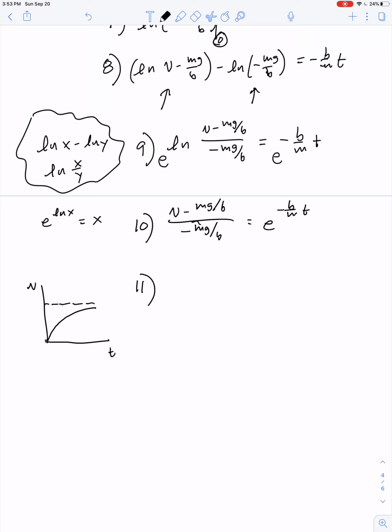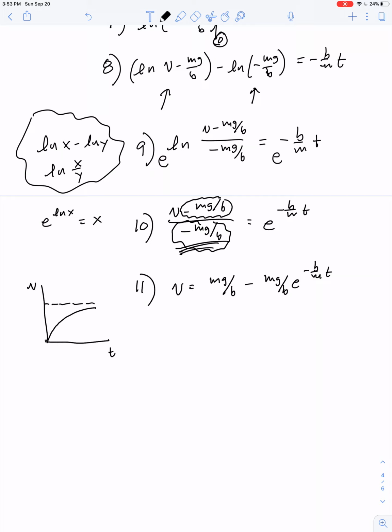If we multiply both sides of the equation by negative mg over b, and then, as we'll do two steps in one, after we've multiplied both sides of the equation by negative mg over b, we'll add mg over b to both sides of the equation. So we'll have v equals mg over b minus mg over b times e to the negative b over m t.